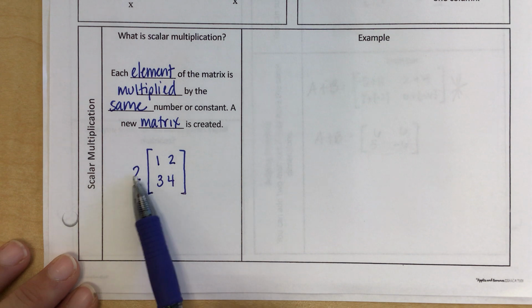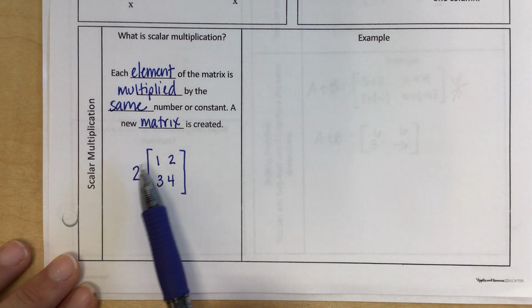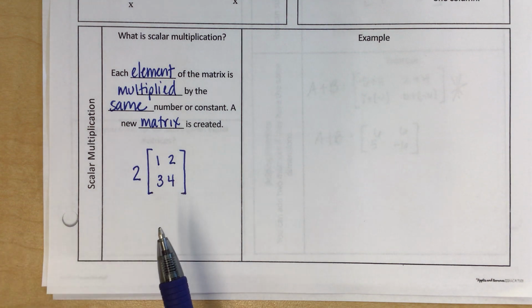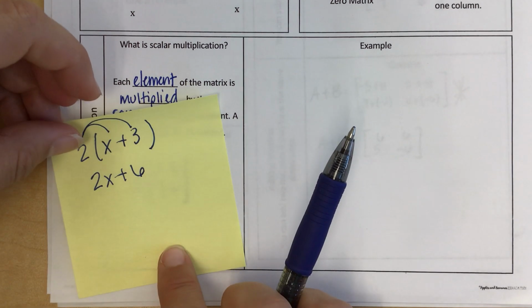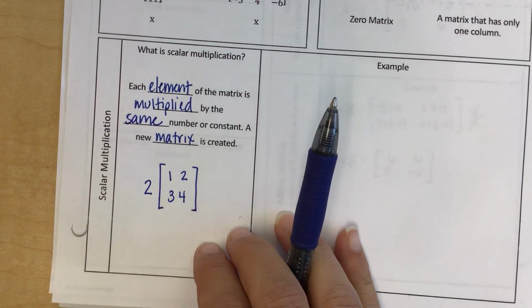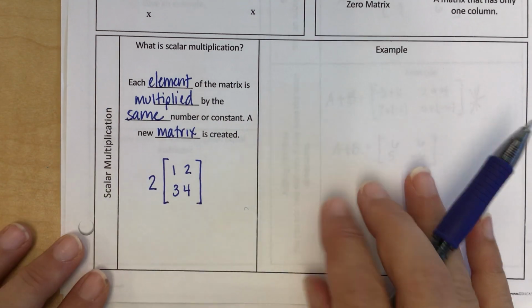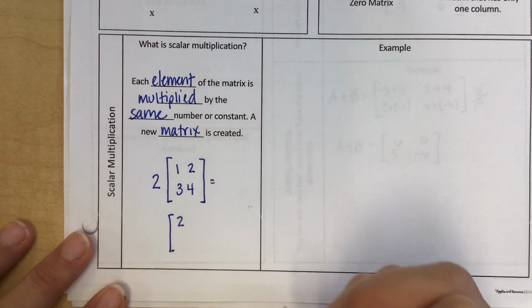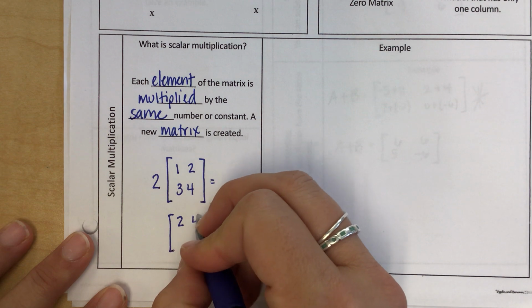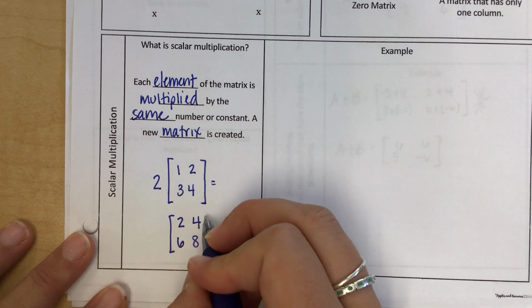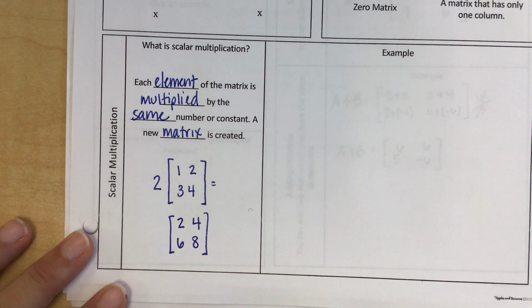Scalar just means we have a number outside the matrix that we're multiplying by everything inside the matrix. So this is like distributive property, where you're distributing the 2 to everything inside the parentheses. Here, we're distributing the 2 to everything inside the matrix. So then this would equal 2 times 1 is 2, 2 times 2 is 4, 2 times 3 is 6, 2 times 4 is 8. All right, and that's all that scalar multiplication is.